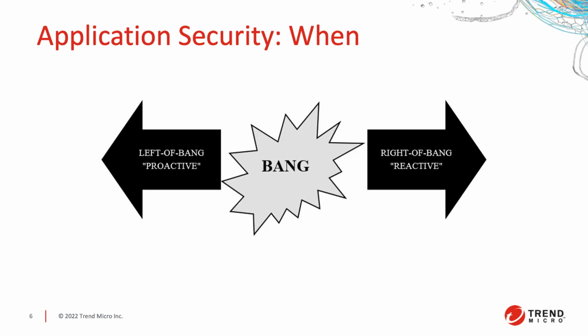So left of bang, where everybody wants to be, being proactive, moving into this DevOps model where everything is code, has actually opened up channels of communication and more opportunities for security to inject itself into the proactive area than where most people are thinking about being reactive, which is your standard security when you're thinking about it.